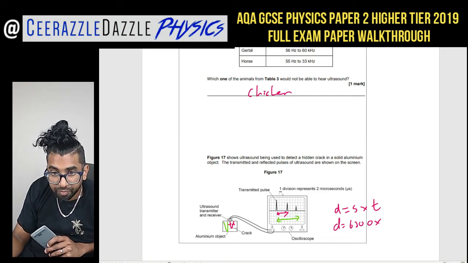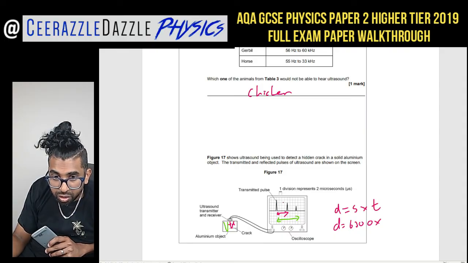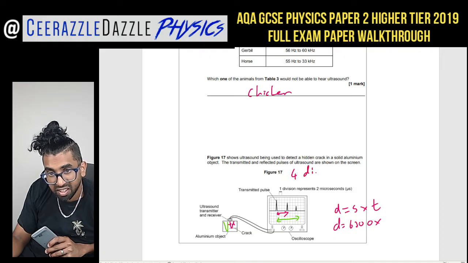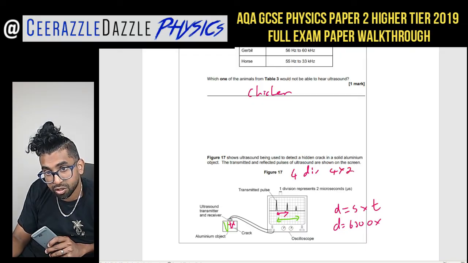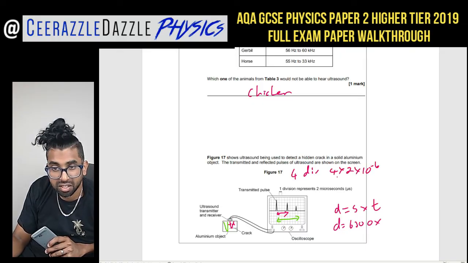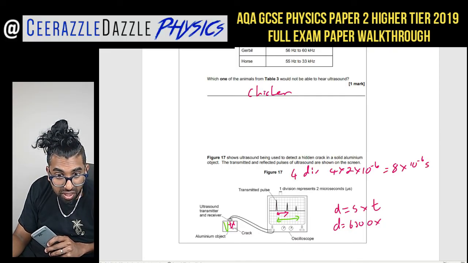So look, we've got 1, 2, 3, 4 divisions. So 4 divisions over here, each representing 2 microseconds. So 4 times 2 times 10 to the minus 6, because each one is 2 microseconds. It's 8 times 10 to the minus 6 seconds. That's the time taken for it to go there and back.